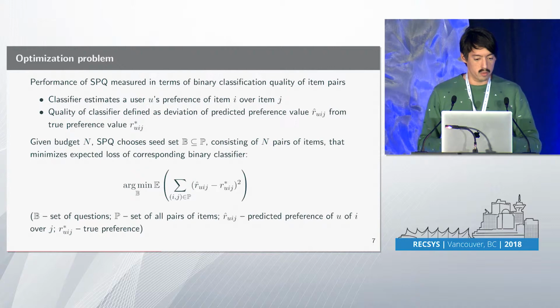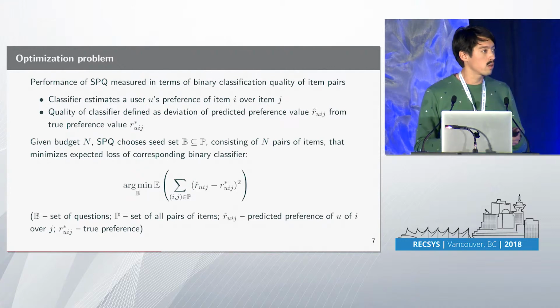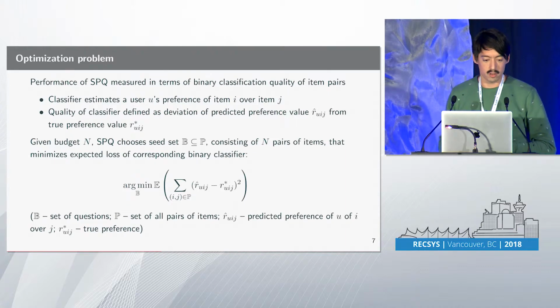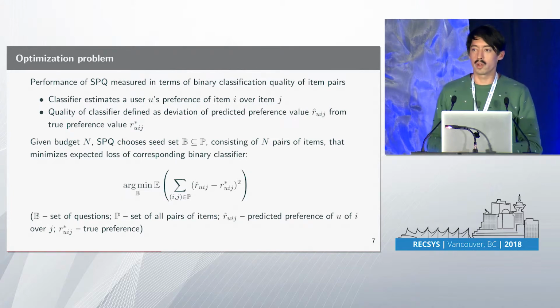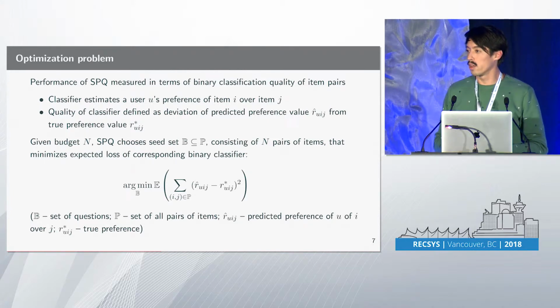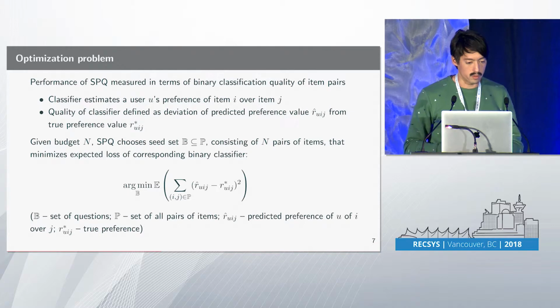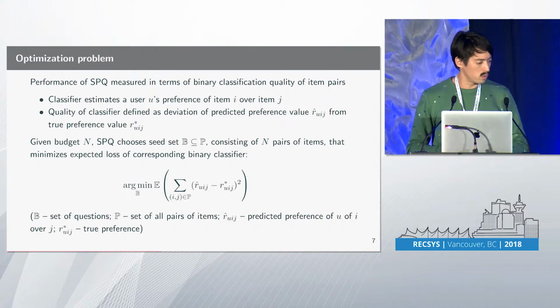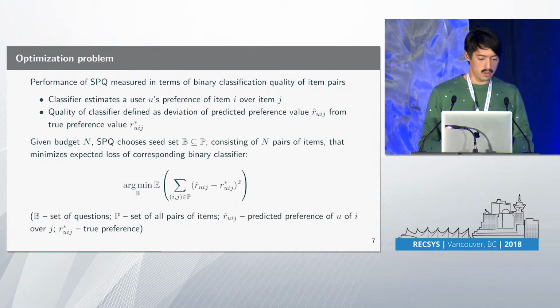So the classifier estimates a user preference of an item, and you can measure the quality of the model given the questions that it has answered by looking at the difference between the predicted values and the ground truth values. And again, the ground truth values here are derived from the trained latent vector model, which I'll get into more specifically in a few slides.